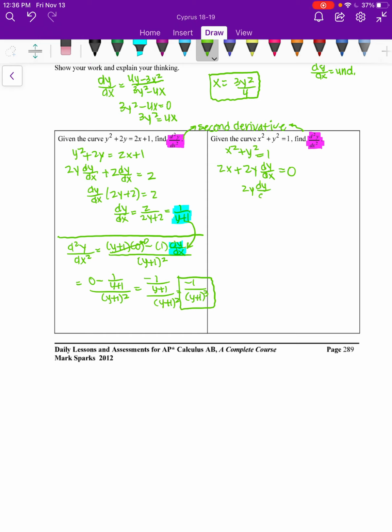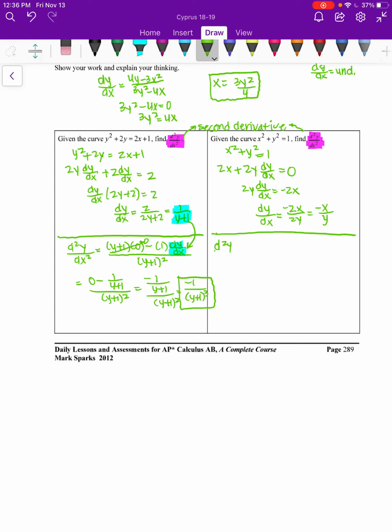So 2y dy/dx equals negative 2x. So dy/dx equals negative 2x over 2y, which is just negative x over y. That was our first derivative.